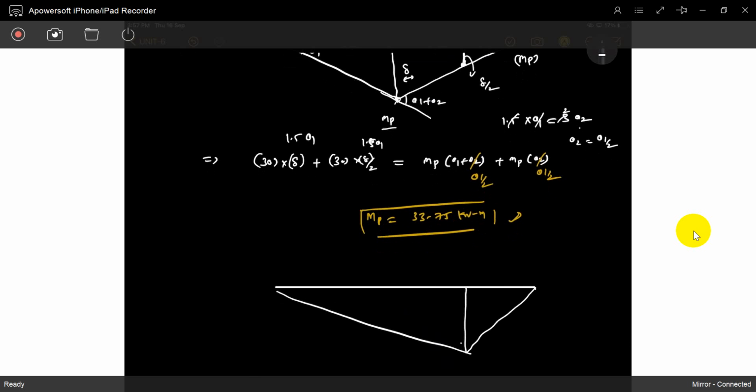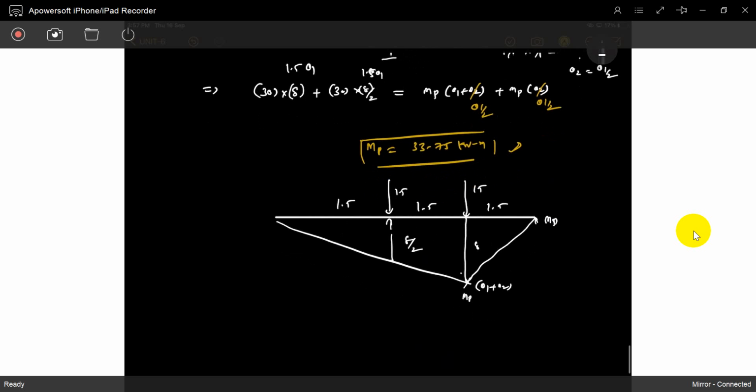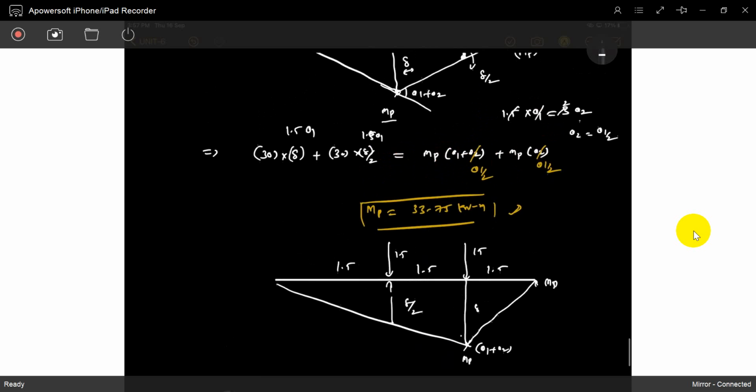Okay. This is 1.5. Now this is a 1.5 delta. The second hinge is formed at this location. It is MP theta 1 plus theta 2. See, this is again delta by 2. So same, what is the external work done?